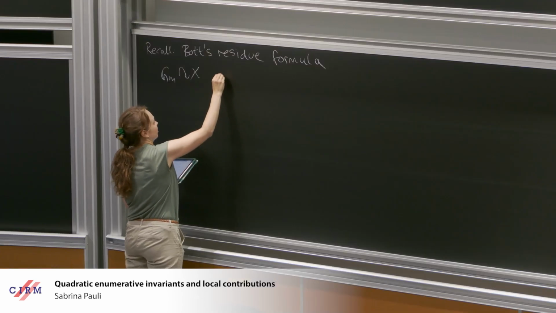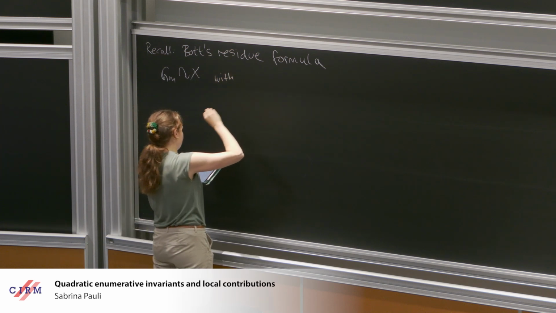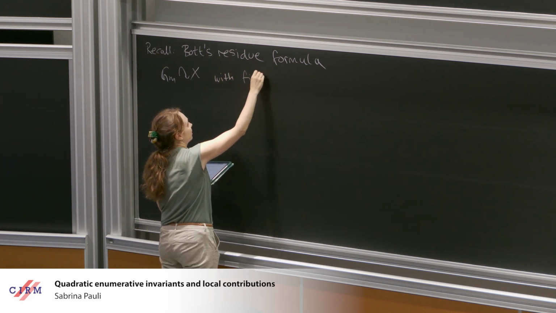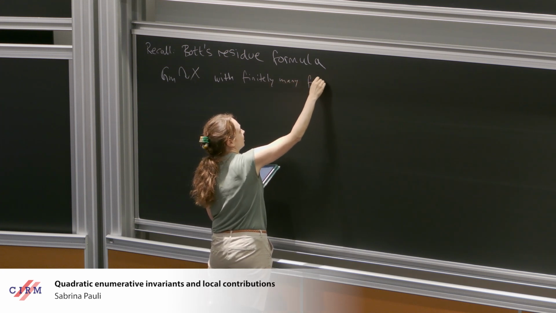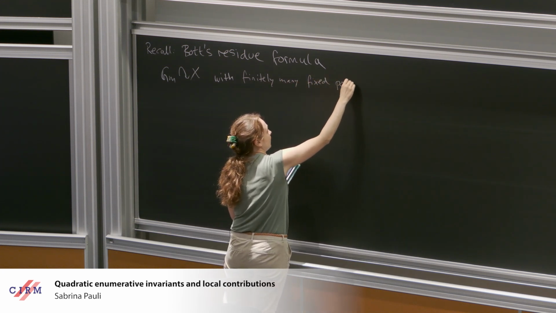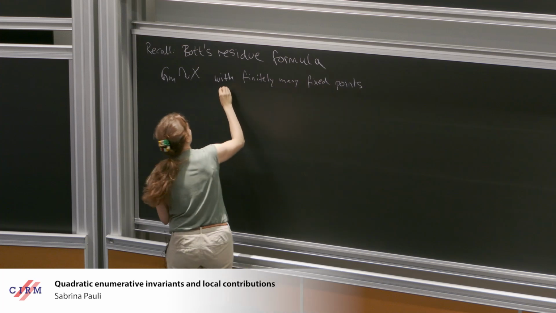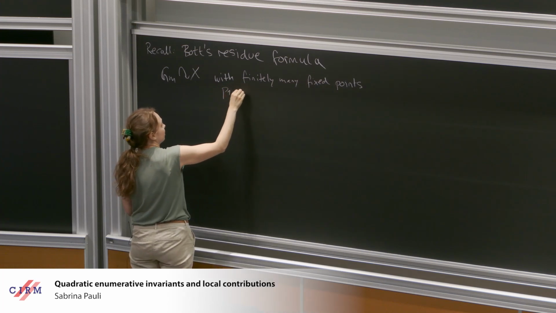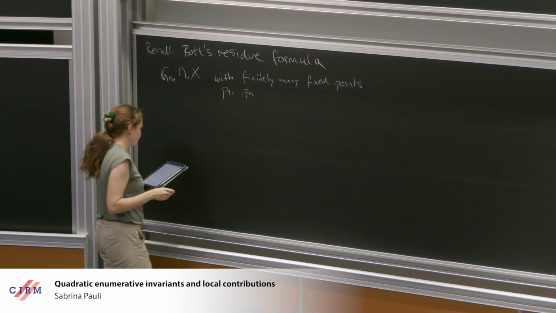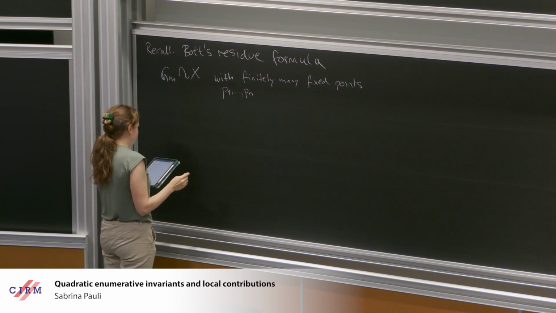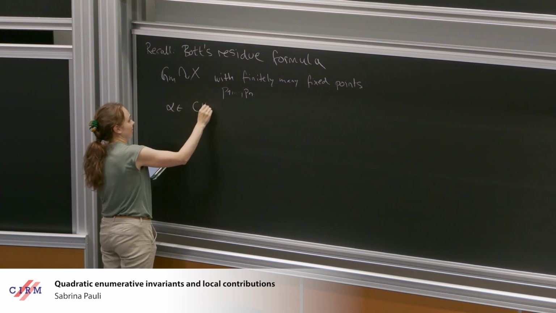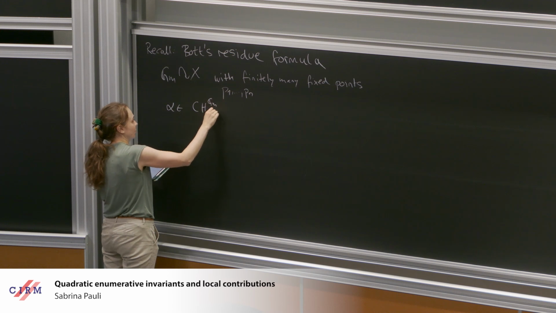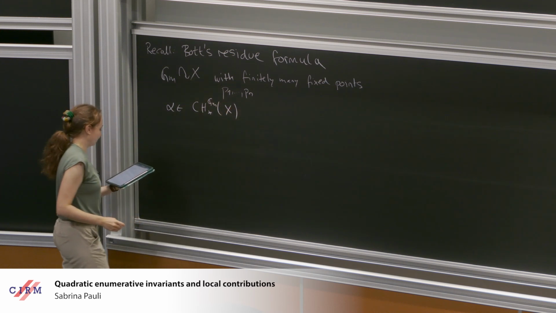Let's assume that this action has, for simplicity, only finitely many fixed points. Let's call them P1 to Pn. And let's assume we have alpha in the equivariant Chow groups of X.